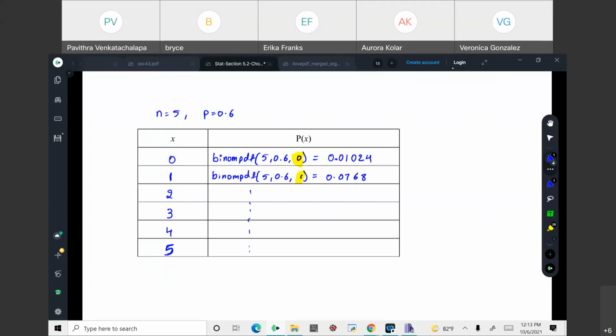Did you get the answer for next? How much is it? What is the answer for x equal to 2? 0.2304 and 0.3456. 0.2592.